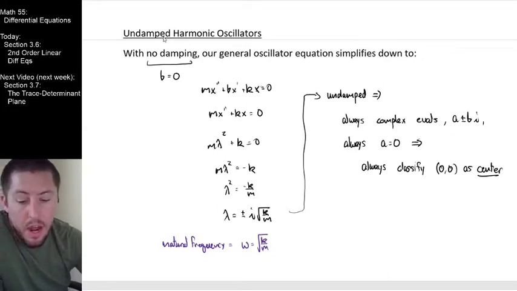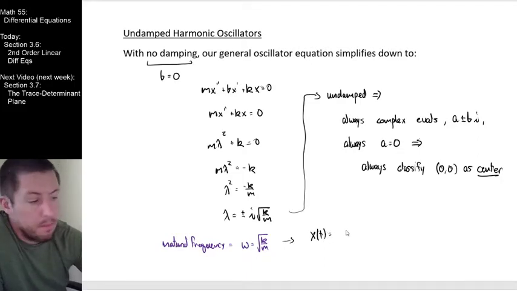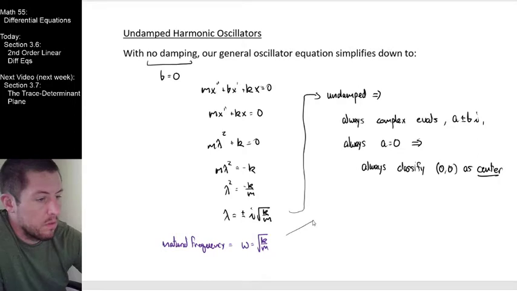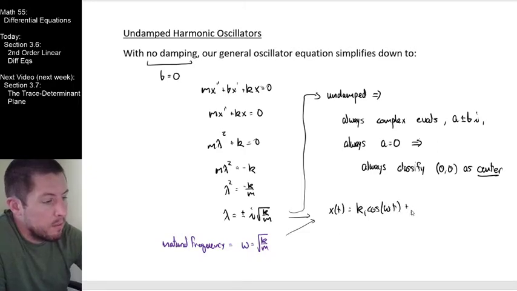And in this case, we can then pretty easily write our general solution. We're always going to end up with x of t being k1 cosine omega t plus k2 sine omega t.